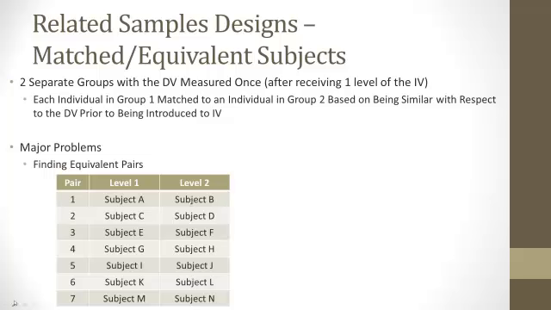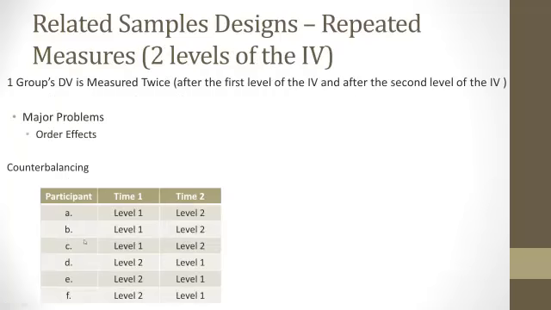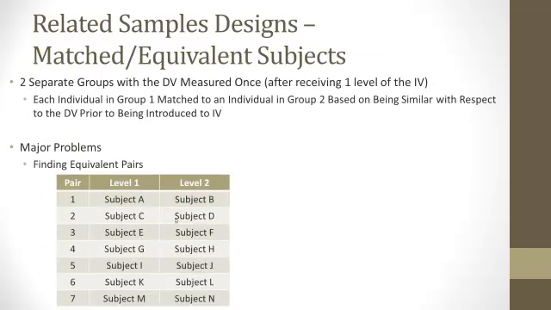So actually, you're trying to mimic the design where one person is getting both drugs while overcoming the effects of the first treatment having an impact on how the second treatment affects the dependent variable. So you can see that this is quite a bit different because technically you have two different groups, but we're treating the people who are matched as the same person.